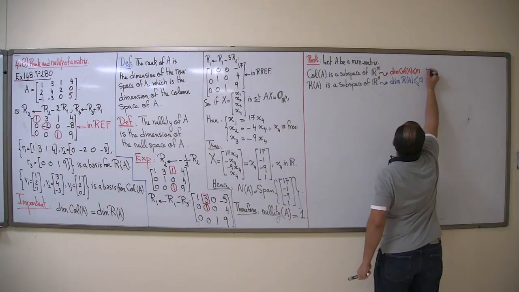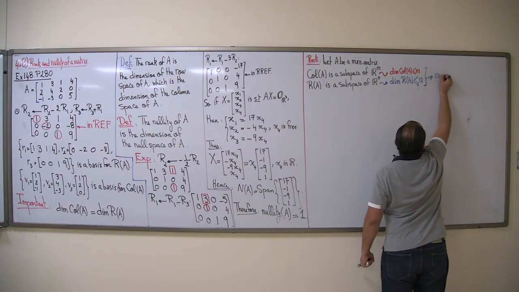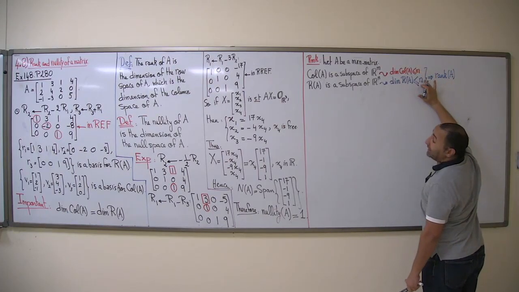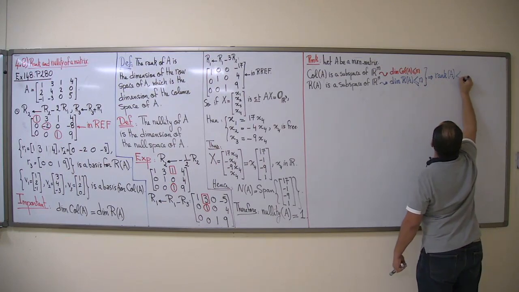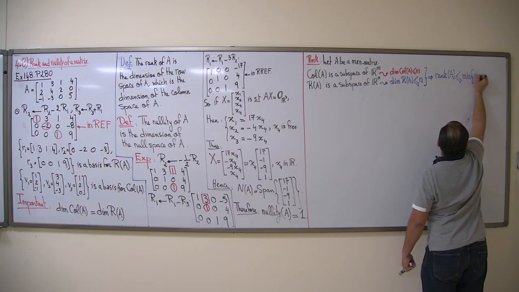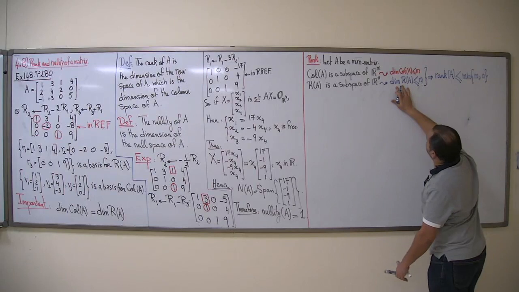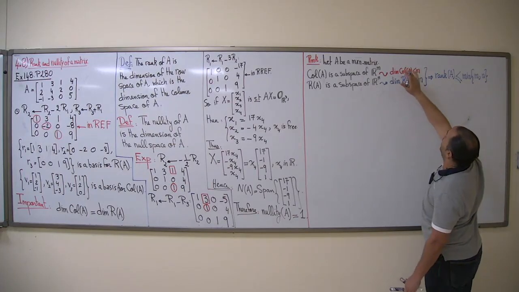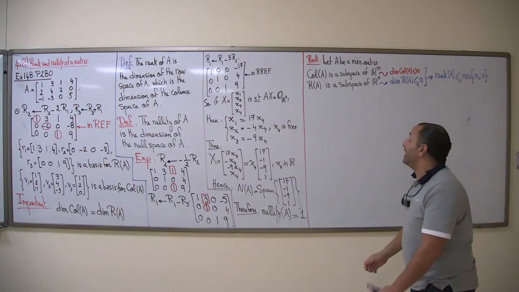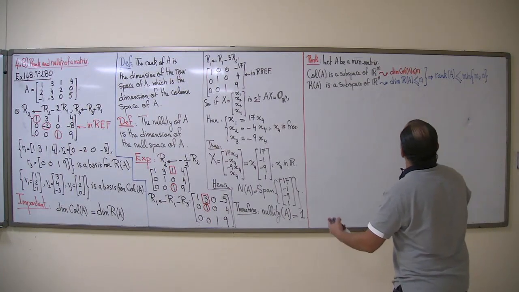So this tells me the following: the rank of A is less than or equal to both M and N, so it will be less than or equal to the minimum of M and N, because it is less than both at the same time.